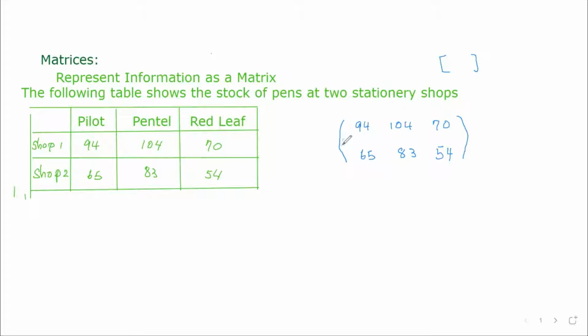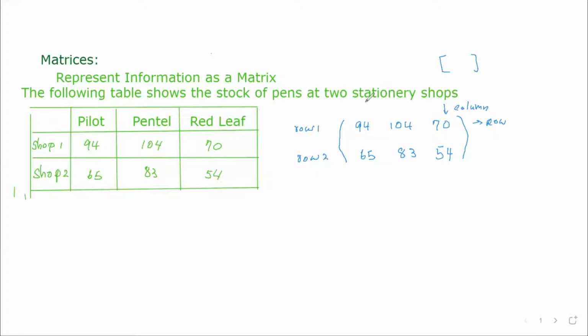When we see this, we know this is a rectangular array of numbers in rows. Row means this way; we count this as a row. And down here counts as a column. When we write in this pattern of rows and columns, we call it a matrix, or matrices. So this is row one, and this is row two.